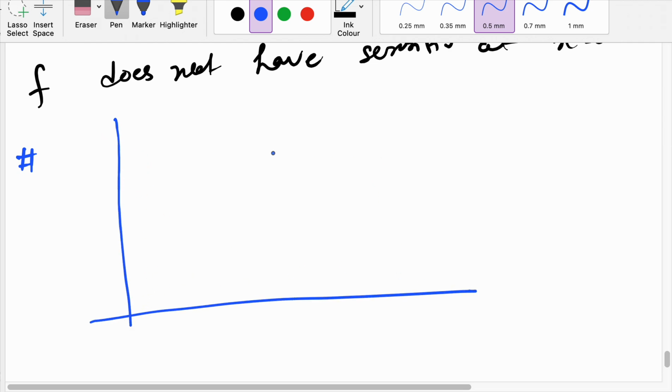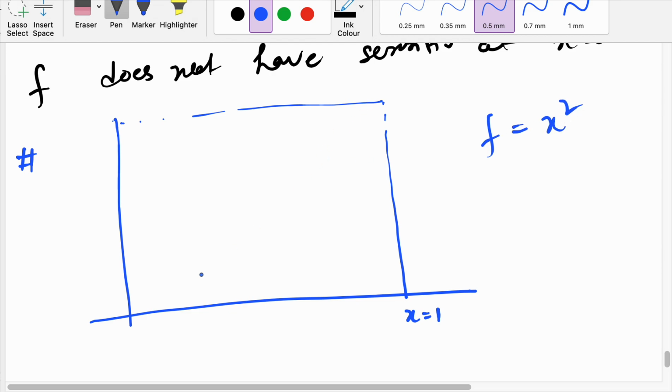We know that at x equal to 1, f equal to x square has a sensitive dependence. So this is the identity line. As we increase the iterate, it becomes x to the power 2 to the power n, and for some n it will look like this.